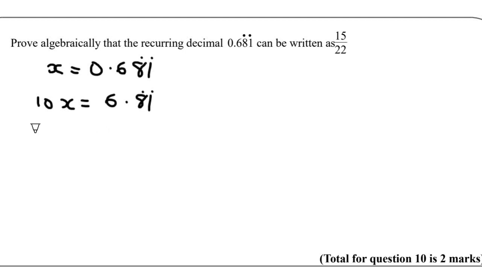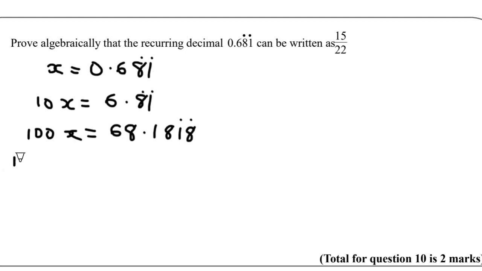Now 100x, that is going to be 68.1818. So it's going to recur like that. Now this is not going to help us, because if we try to do 100x take away 10x, we will not be able to subtract and get rid of all the recurring 8s and 1s.